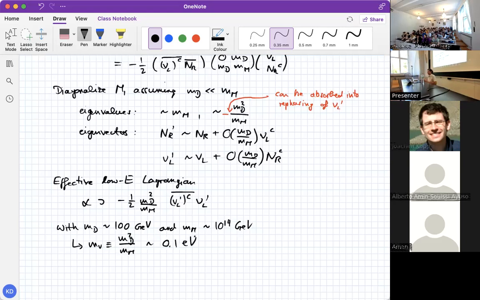So we've solved the two problems that I mentioned. We have started from an SU2 invariant theory. We have written down a neutrino mass term without having to explicitly violate SU2 invariance. And we have explained why neutrino masses are so small without having to introduce any parameters to the theory that feel unnatural to theoretical physicists.